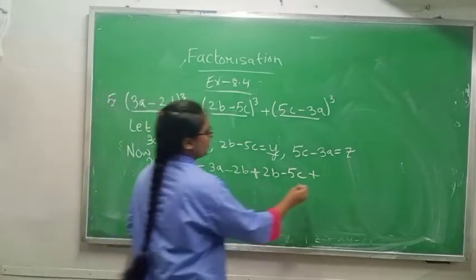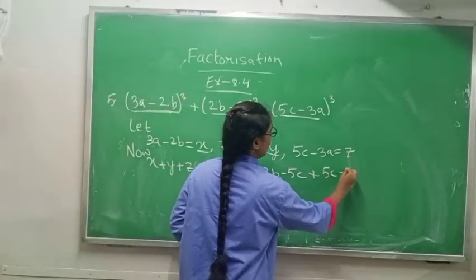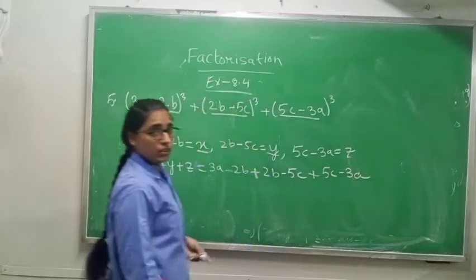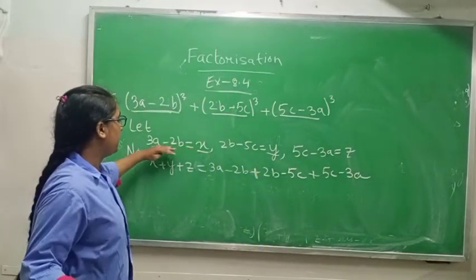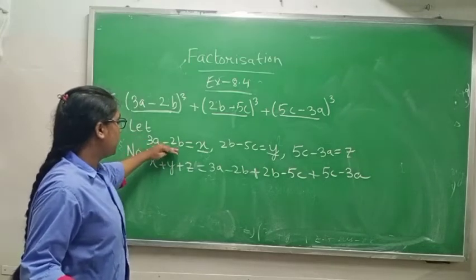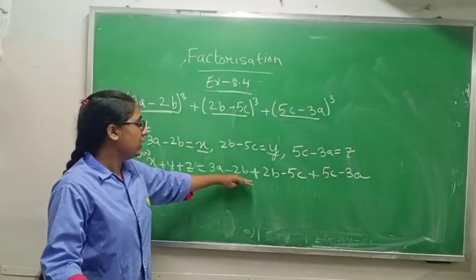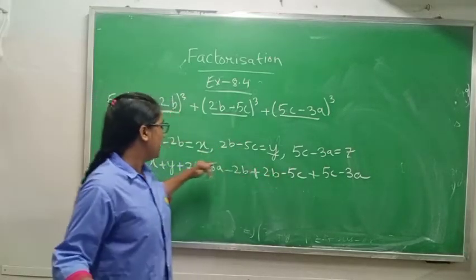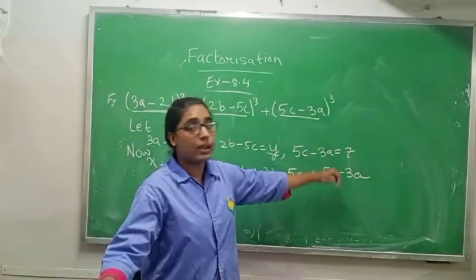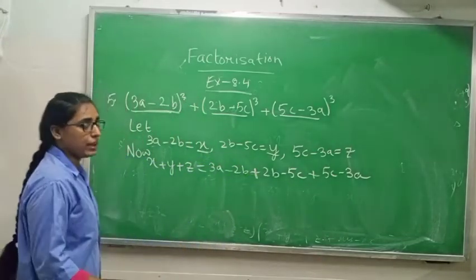Then z is 5c minus 3a. What I am doing is adding x plus y plus z. In place of x I am writing 3a minus 2b, in place of y I am writing 2b minus 5c, and in place of z I am writing 5c minus 3a. I am just adding x plus y plus z.